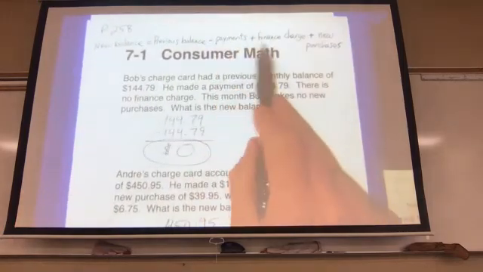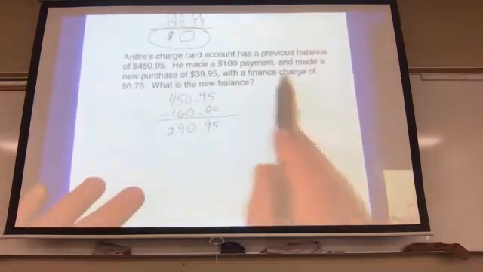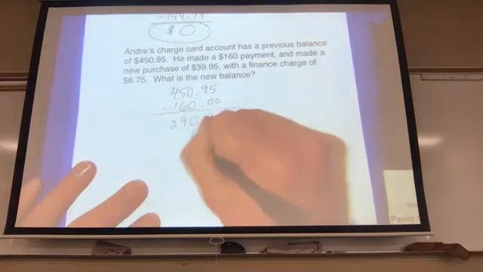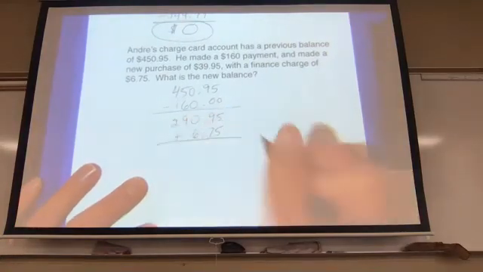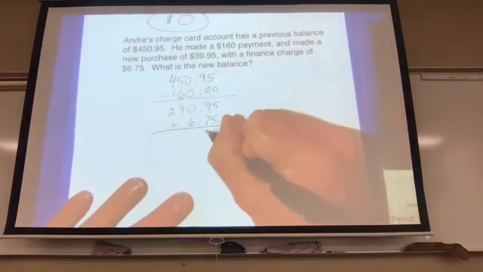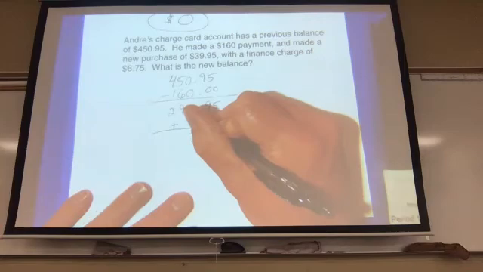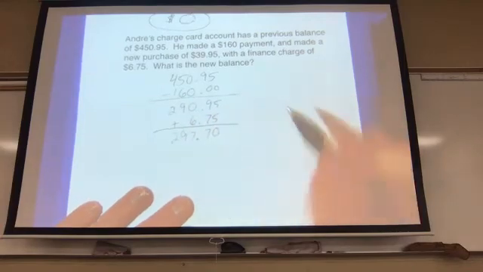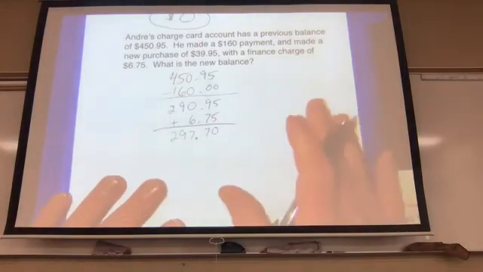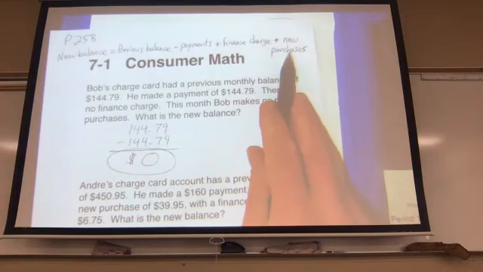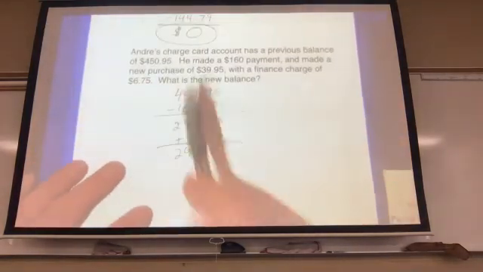After we subtract his payments, we're going to add the finance charge. His finance charge was $6.75. Add those up, we're going to get $297.70. And then the last thing we have to do is add on his new purchases. This month, his new purchases were $39.95.